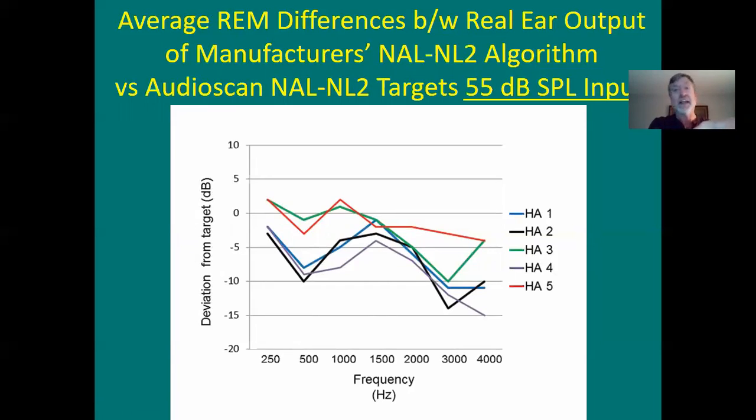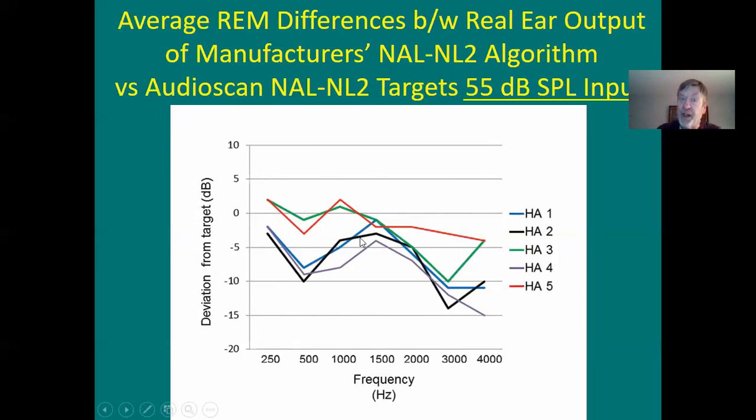Here you had a mild to moderate loss, some average presbycusis, probably like 20 down to about 60, just a typical sloping loss. You'll have NAL2 targets, and they're not shown here.